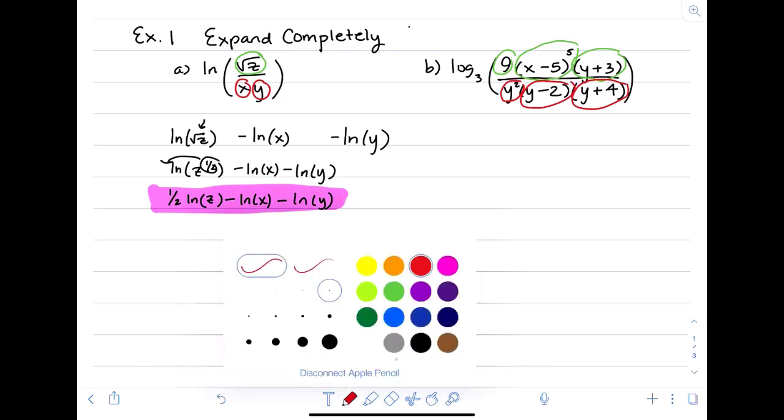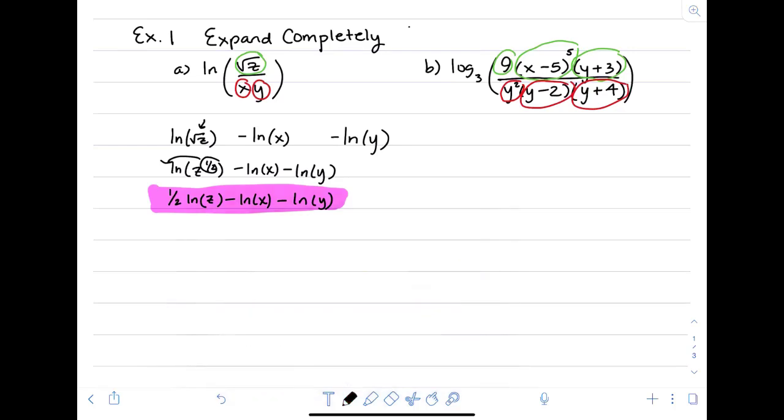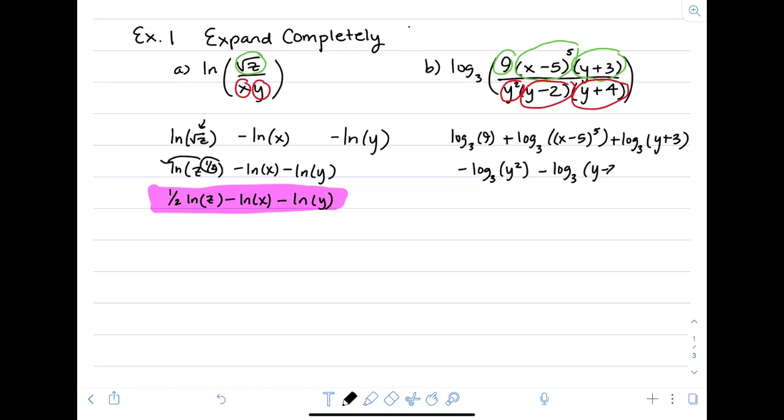So it looks like I'm going to have a total of 6 log terms, and the first 3 will be positive: log base 3 of 9 plus log base 3 of x minus 5 to the 5th plus log base 3 of y plus 3. And then on the bottom we have minus log base 3 of y squared minus log base 3 of y minus 2 minus log base 3 of y plus 4.